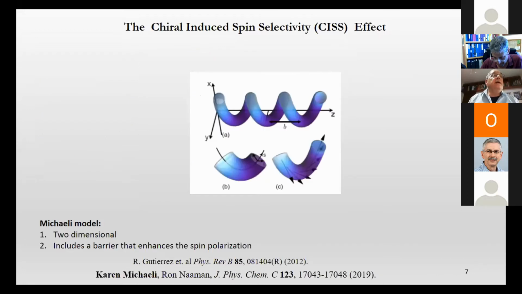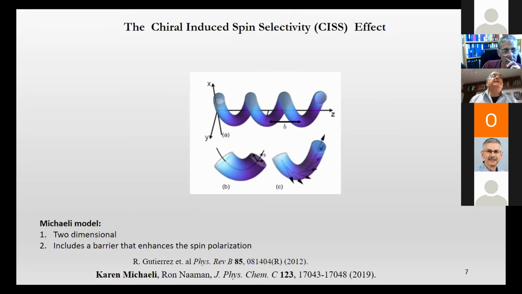Then another theoretical work was done by Karen Michaeli from the Weizmann Institute, and she introduced two new parameters in this model. First of all, the model is not one-dimensional anymore. Here, she used a tube, and therefore there is another degree of freedom perpendicular to the velocity of the electron.